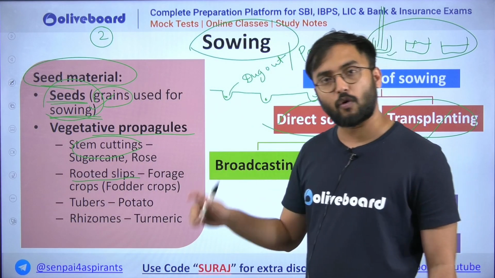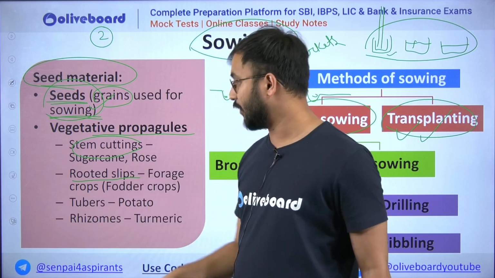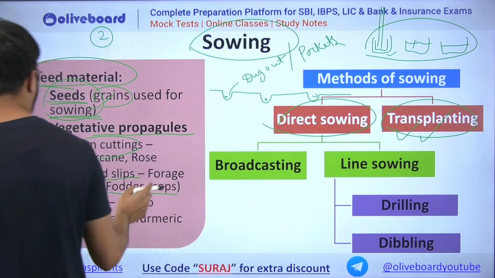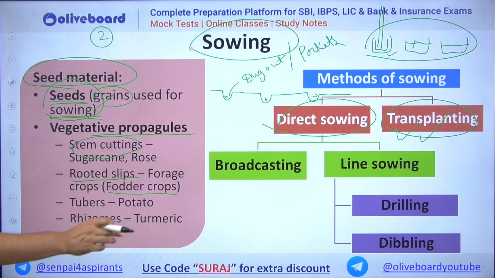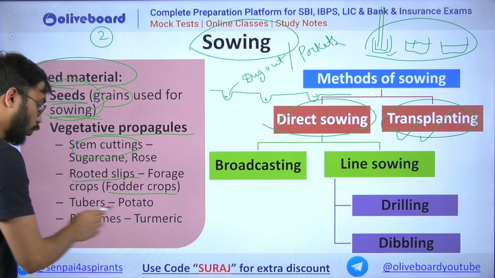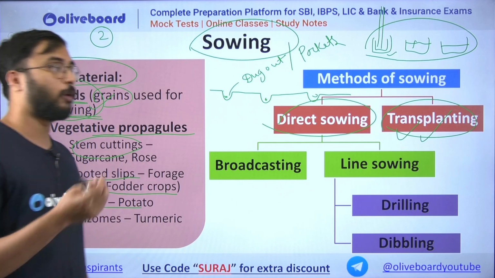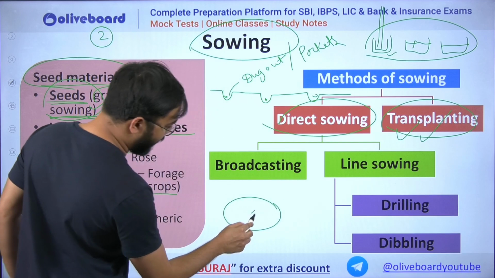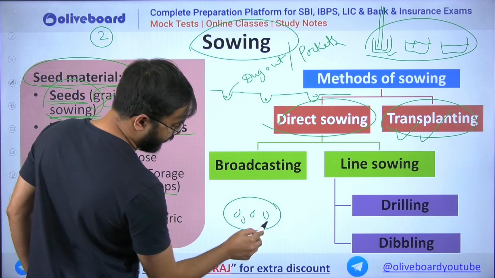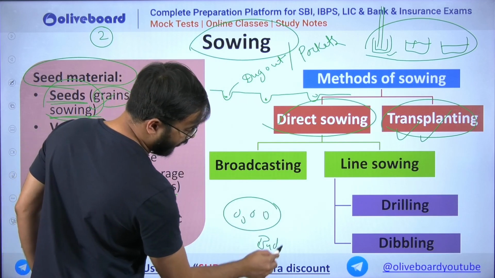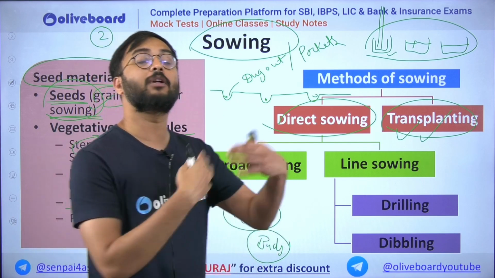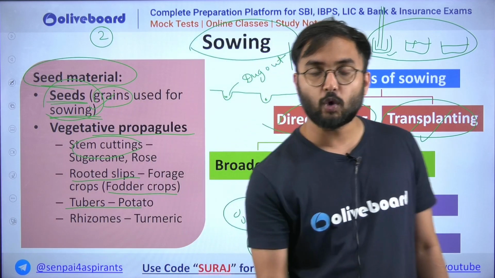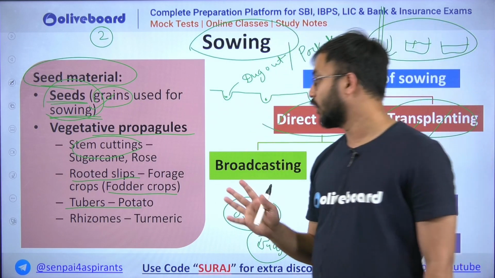For example, whatever forage crops are there, you can plant their roots, and from individual roots one plant will grow. Then tubers, for example, potato. On a potato you could see buds grow. You can remove these buds and plant them into the soil, and automatically from those buds you can see the plants growing.